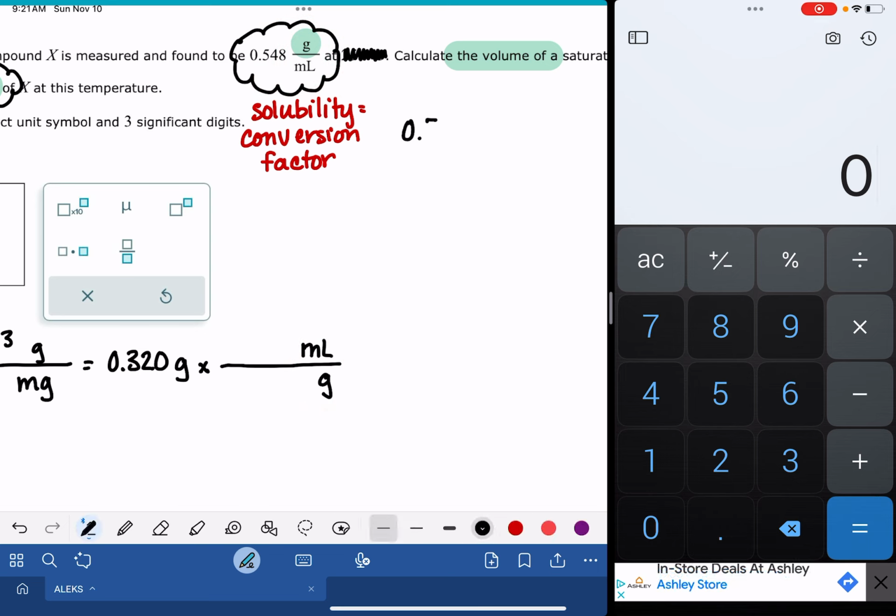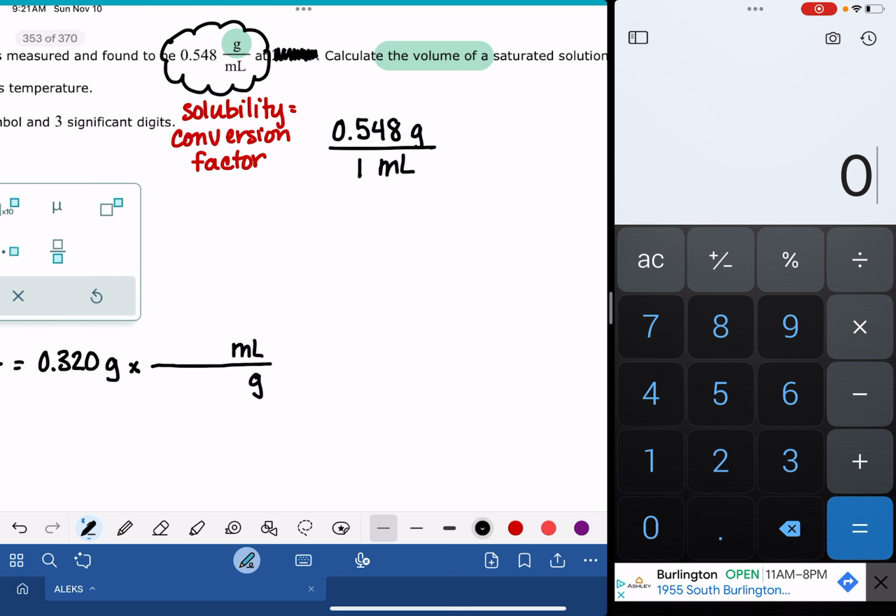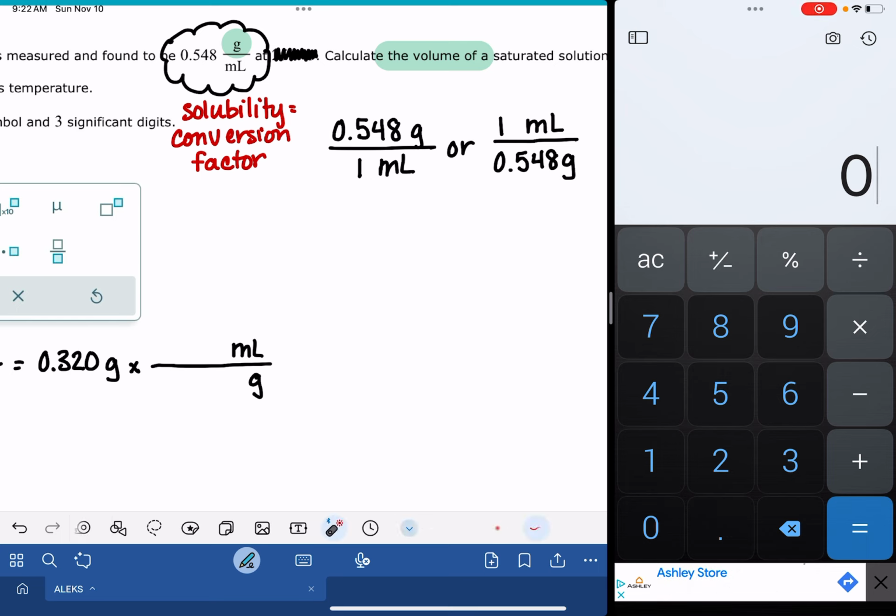The 0.548 is referring to the number of grams in a milliliter. And in our case, we're going to use that conversion factor flip-flopped or inverted. 1 milliliter is 0.548 grams. So in order to get the units in the right order that we want them, we've also got to reverse the positioning of those numbers. 1 milliliter is 0.548 grams, and you can see that that's going to make the gram units cancel.